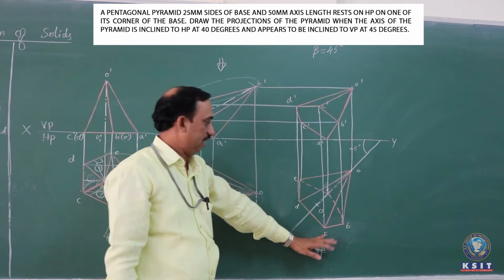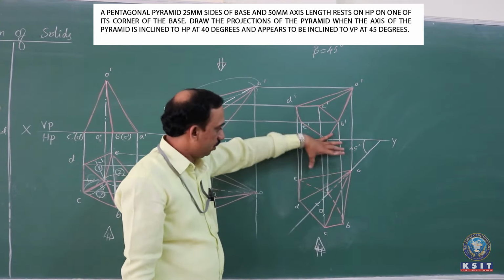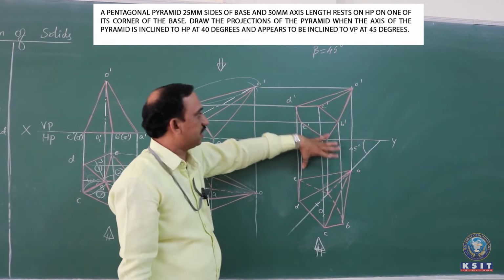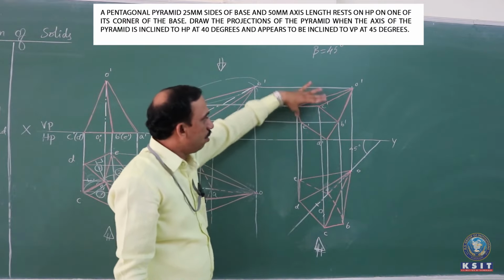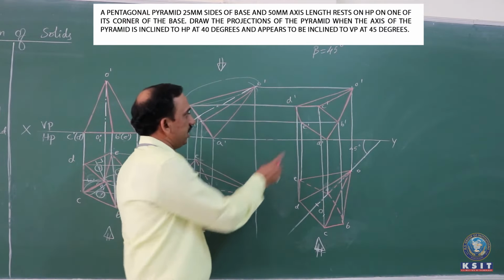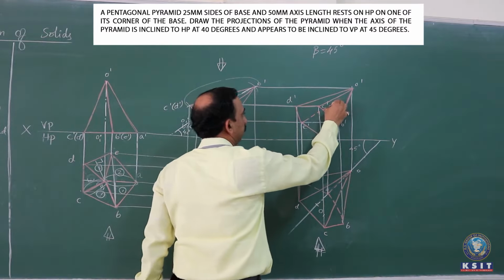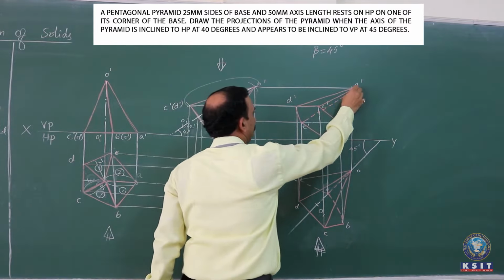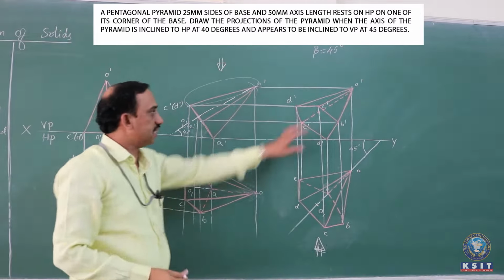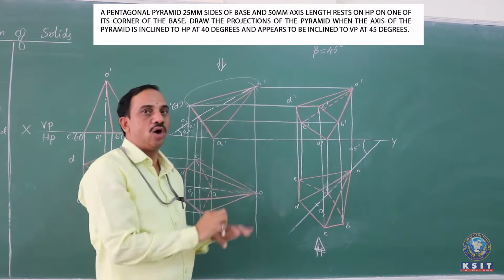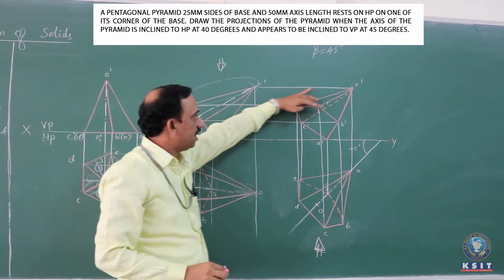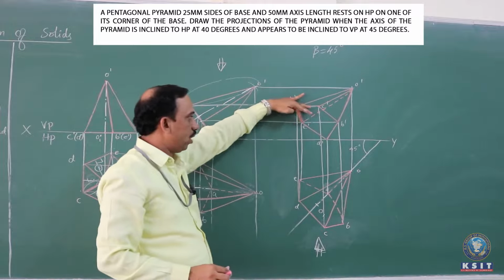Now when OC is visible, opposite to this OE is completely invisible. So make O to E invisible. Join O to E as invisible. When OE is invisible, connecting to OE on either sides, we're going to have two triangles. ODE is one triangle.